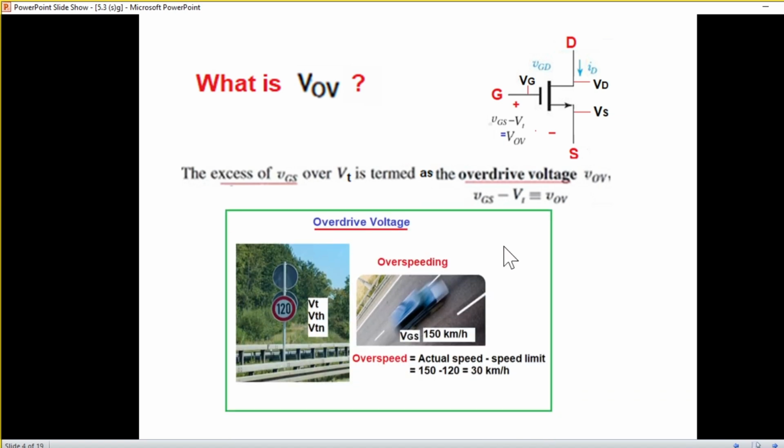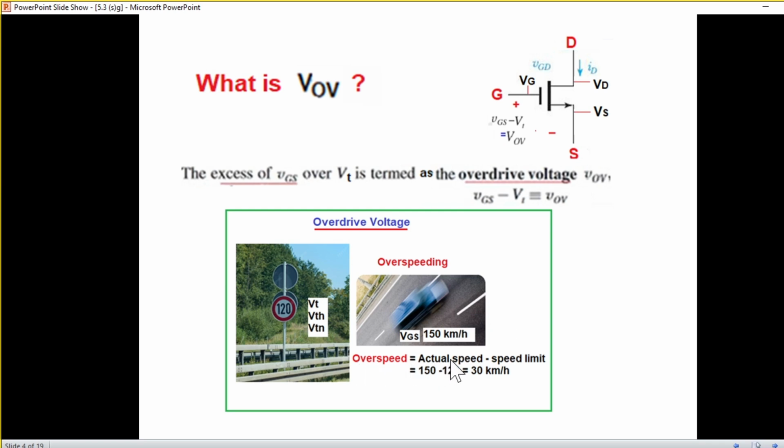Now, if we relate with this, this is the speed limit, and we call it VT, the threshold voltage, or even some books call it VTH, and some books call it VTN if it is an NMOS transistor. If you are driving at 150 kilometers, what will be the overspeed?